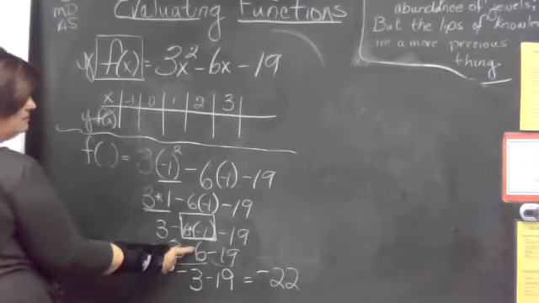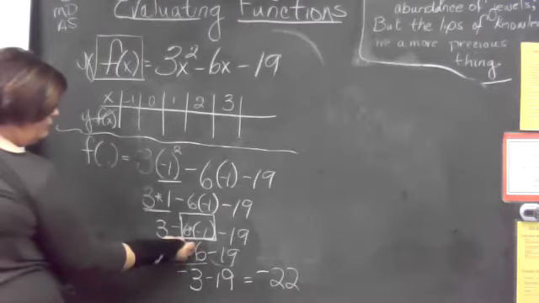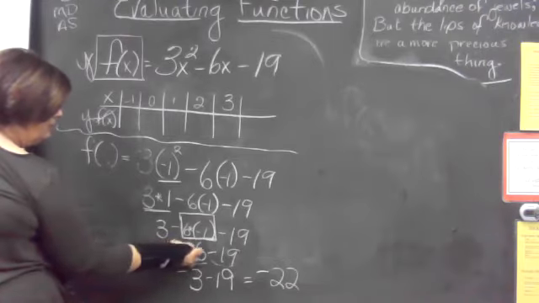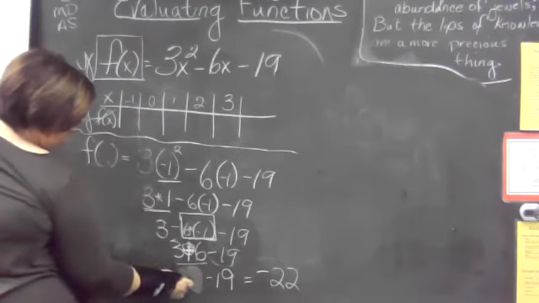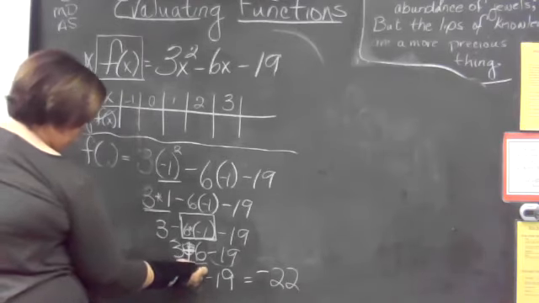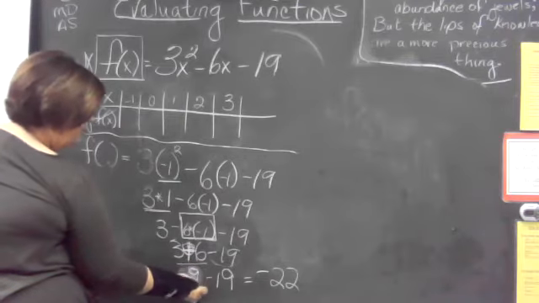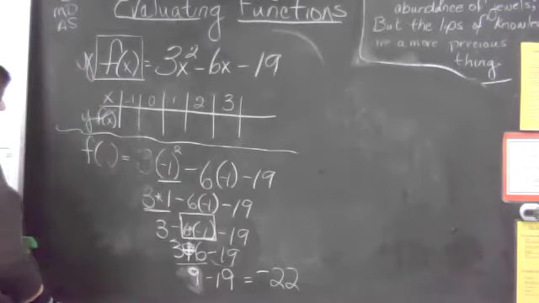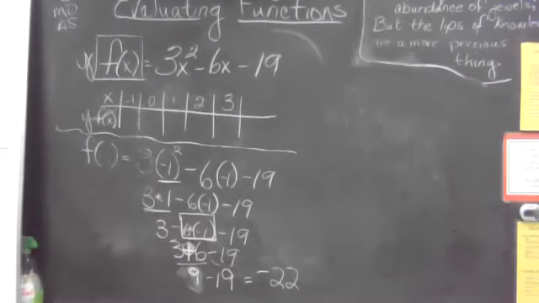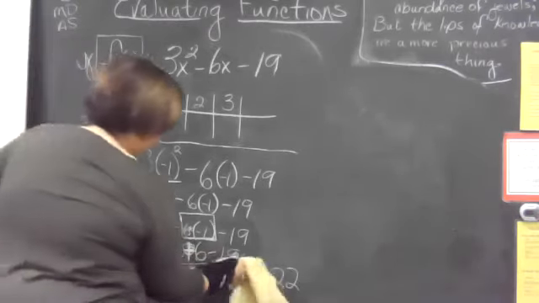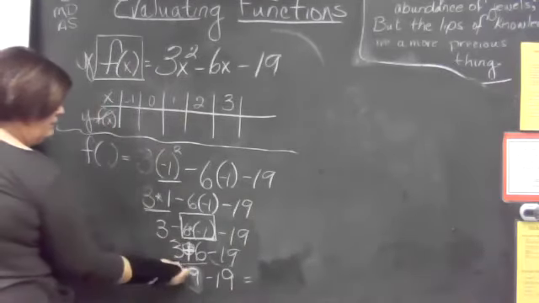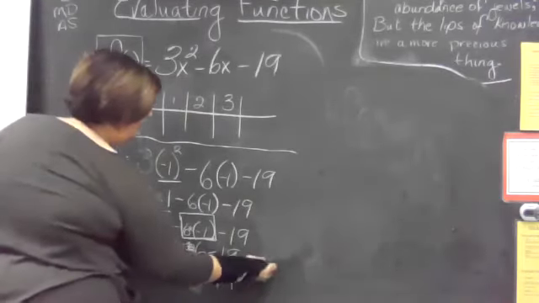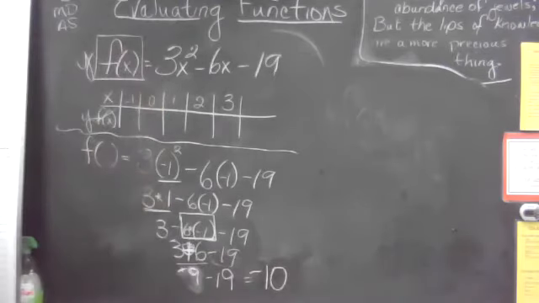And when we have a minus negative, we found out that when they're together like this, we can make a plus out of it, which instead of negative 3, we have a positive 9. I don't like to make mistakes, but at the same time, I need you to see the possible mistakes. So you can watch out for those also. And so that completely changes my answer. This is a positive 9 minus 19. And so I have a negative 10 instead.